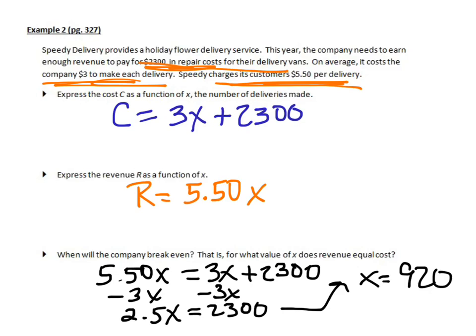We'll just pick the second one, it's a little shorter. Revenue at that break-even point, we would substitute in 920 for x and multiply that by 5.5 and find that the revenue at that point is $5,060.